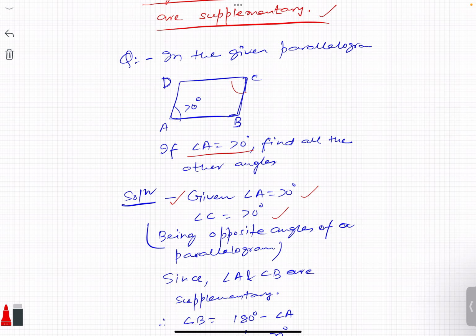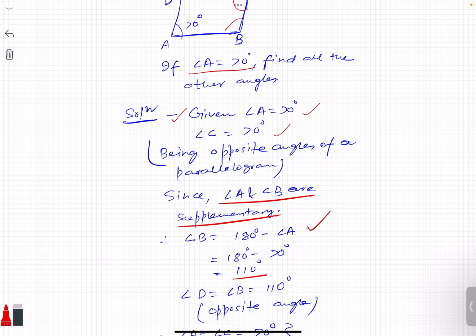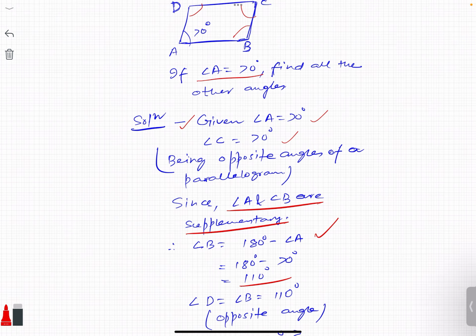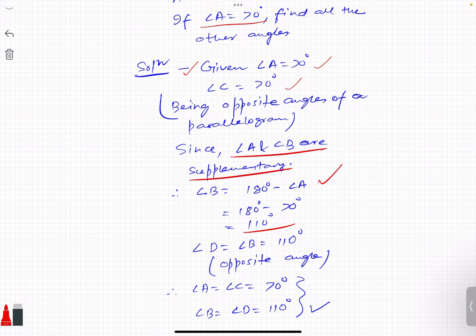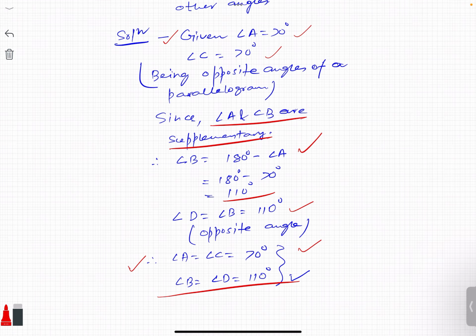Since angles A and B are supplementary, angle B will be 180 degrees minus angle A, which is 110 degrees. Angles D and B are opposite angles, so angle D is 110 degrees. Therefore angle A equals angle C, that is 70 degrees, and angle B equals angle D, that is 110 degrees.